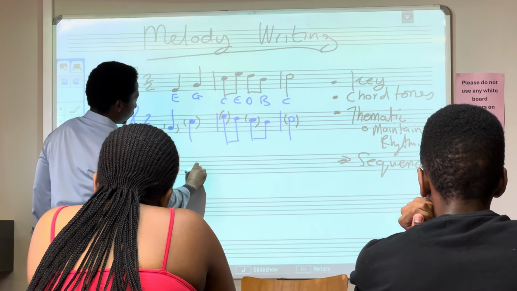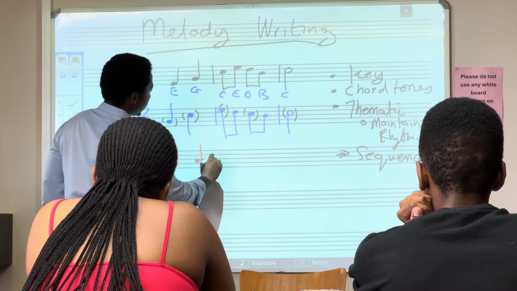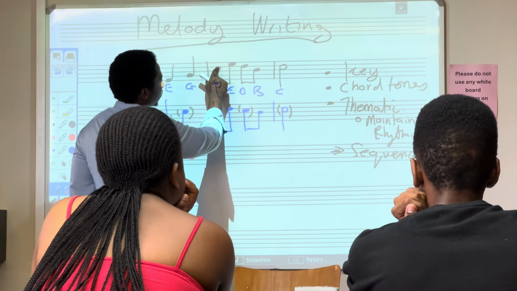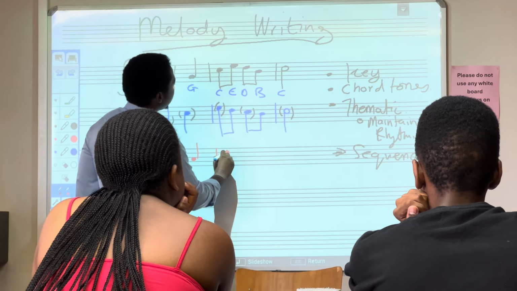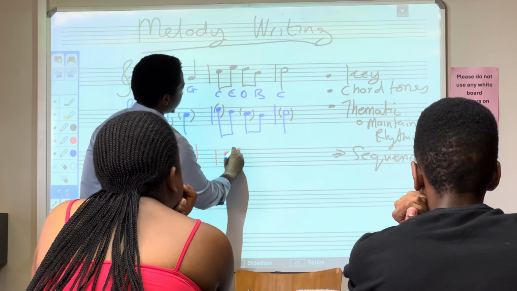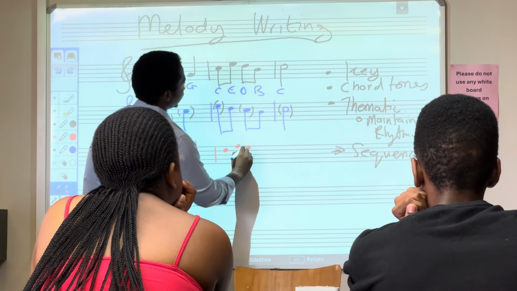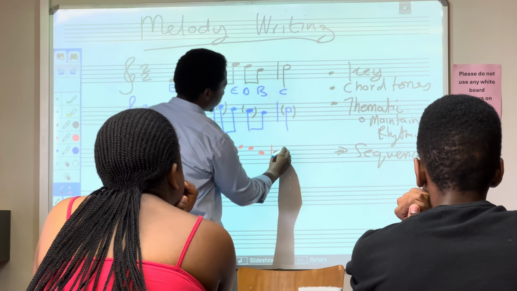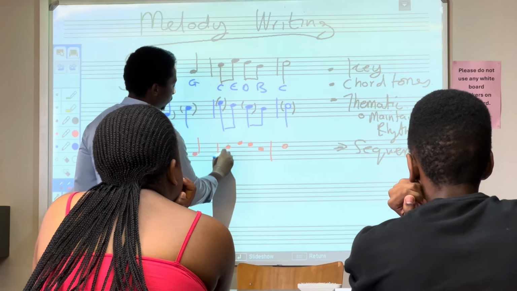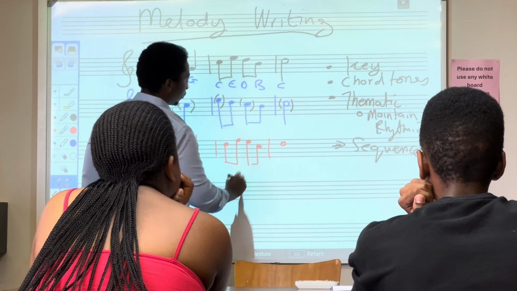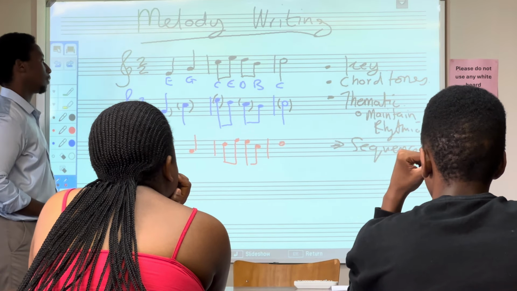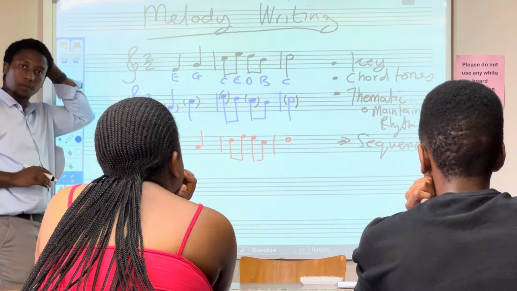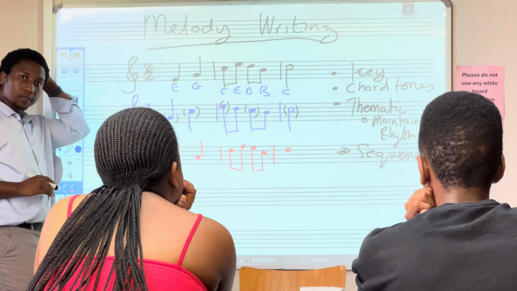G, I'm taking G to A. Then all of this I'm shifting it one. So this will be D, F, E, C. And that will be D. So now the whole function is different. We're no longer ending on C, ending on D. So this is called sequencing up, or you can sequence it down. It's called sequencing.